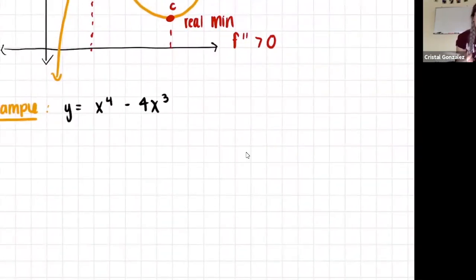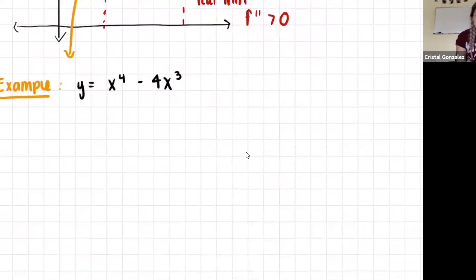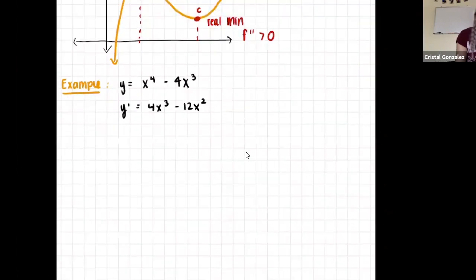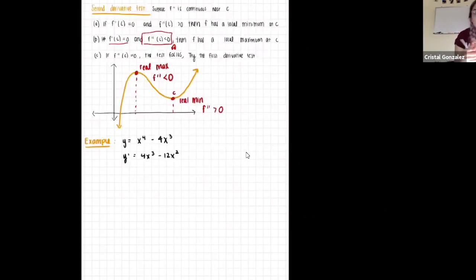So if we wanted to use the second derivative test, that means we have to find two derivatives of the function. So y prime is equal to 4x cubed minus 12x squared. In order to do the second derivative test, we need to first find our critical points.